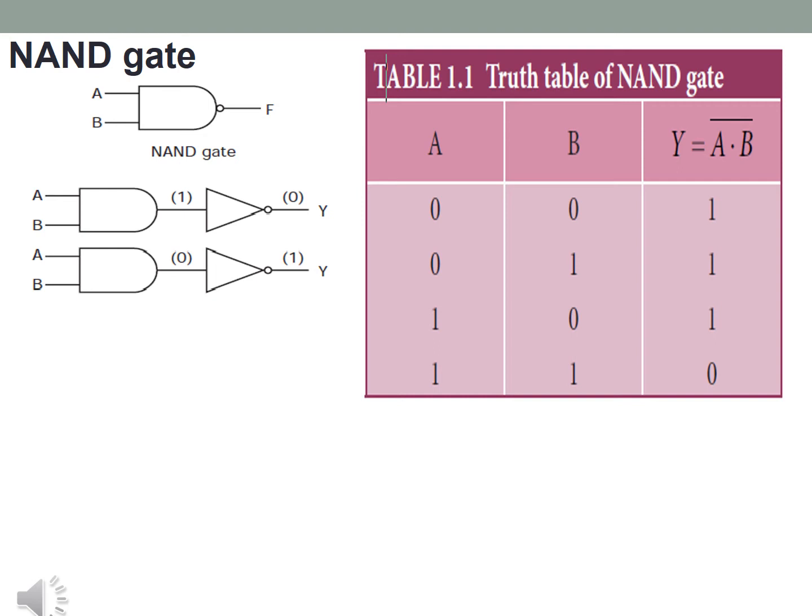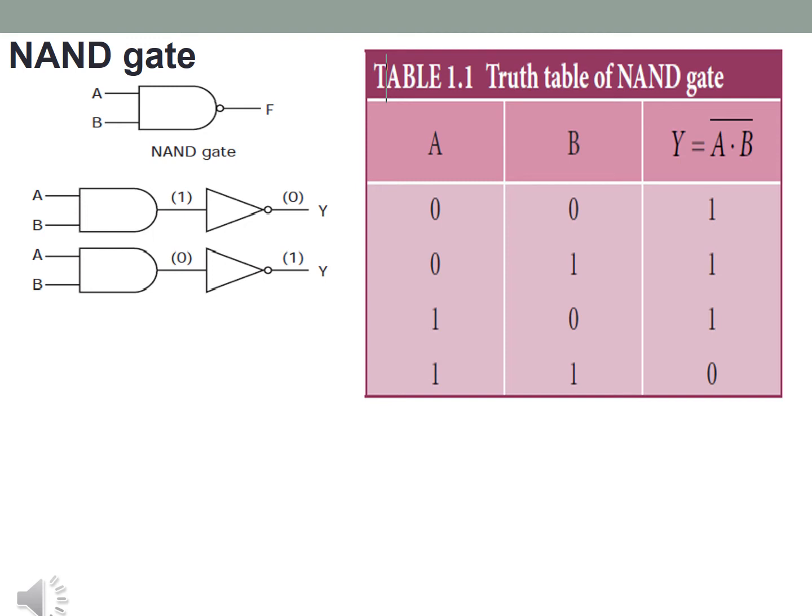With two input variables I may have four combinations: 0 0, 0 1, 1 0, 1 1. These are the four combinations for two input variables and one output.